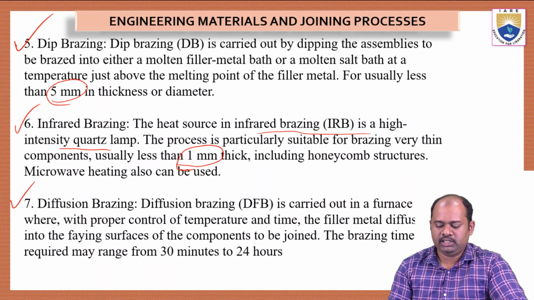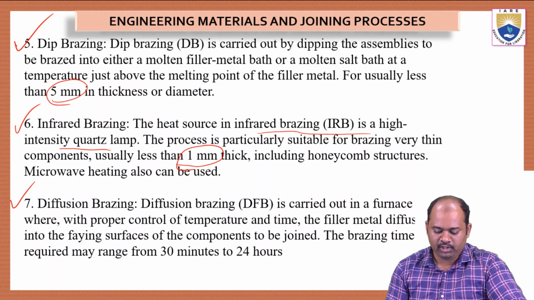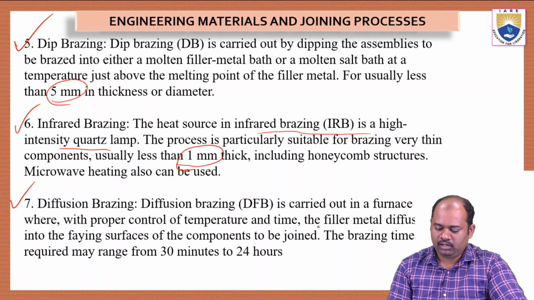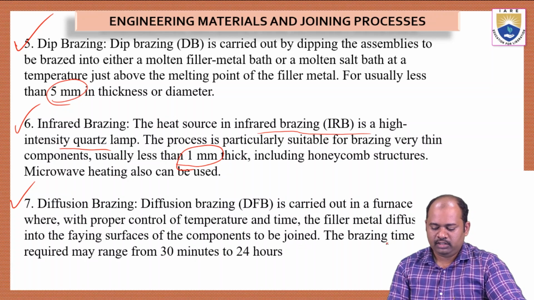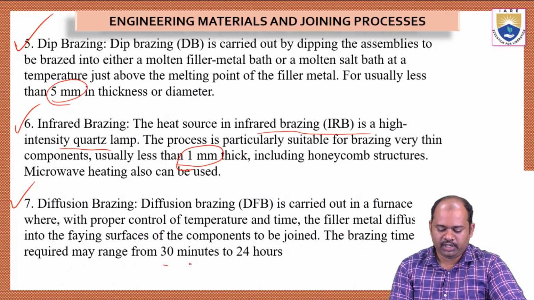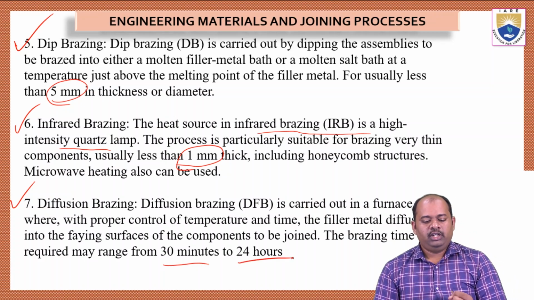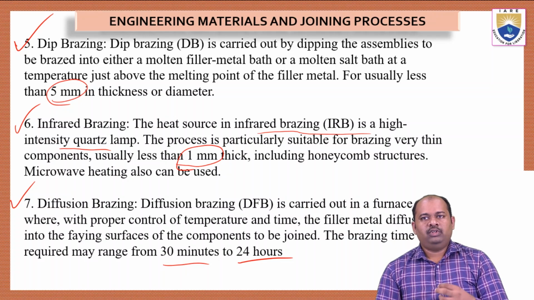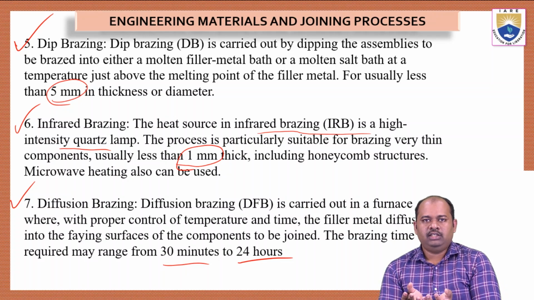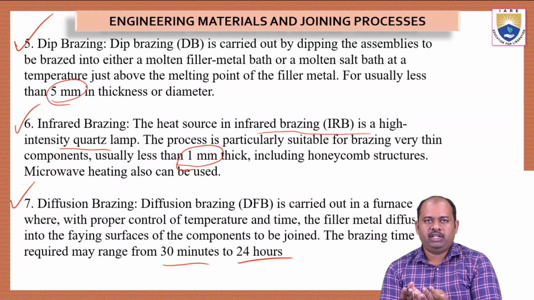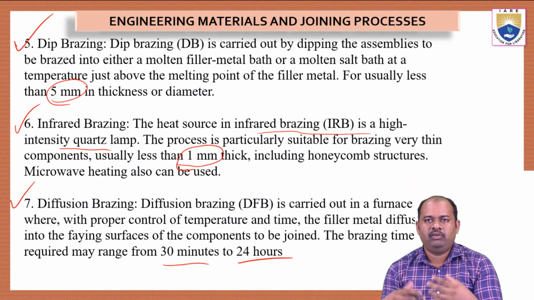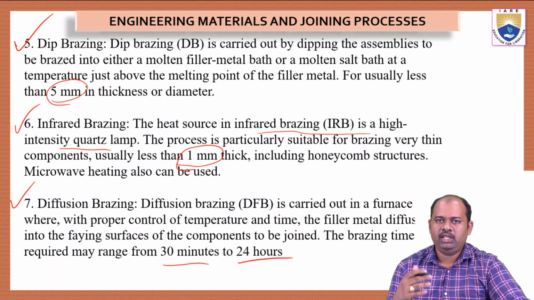Diffusion brazing is carried out in a furnace where, with proper control of temperature and time, the filler metal diffuses into the faying surfaces of the components to be joined. The brazing time required ranges from 30 minutes to 24 hours. Diffusion brazing is very similar to furnace brazing, where the two plates and the filler material are kept inside a furnace and heated slowly.